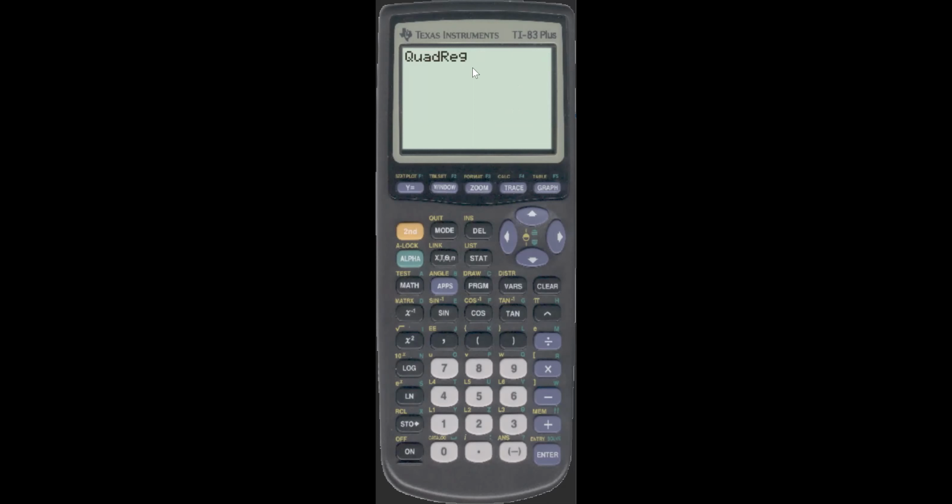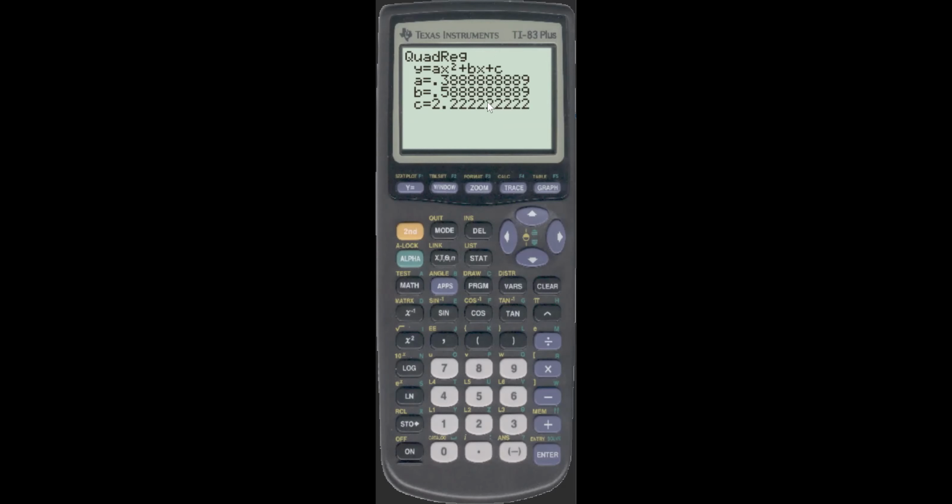You might have to use the defaults. It may ask whether the independent is L1 and the dependent is L2. I'm just going to hit enter. Hopefully it works. It does. Did you get something like this on your screen?